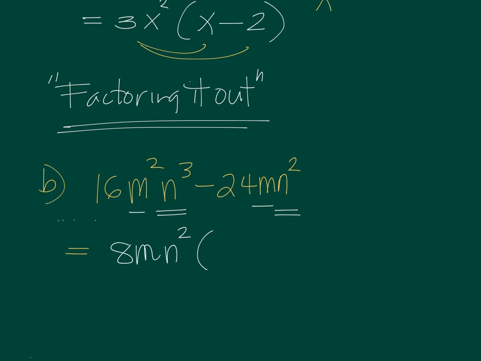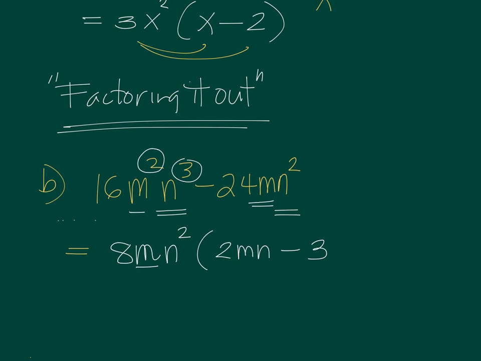So if you factor out 8mn squared, the 16m squared n cubed becomes 2mn, because you're taking away 1 from the square and then 2 from the cube, so you have 2mn. And then for 24mn squared, 24 divided by 8 is 3. Then m by m is 1.